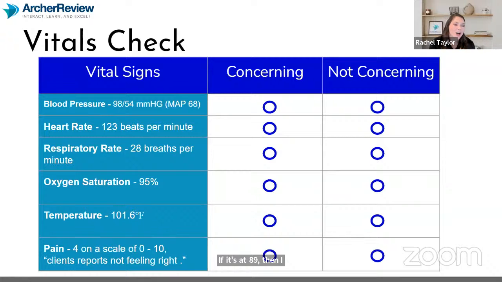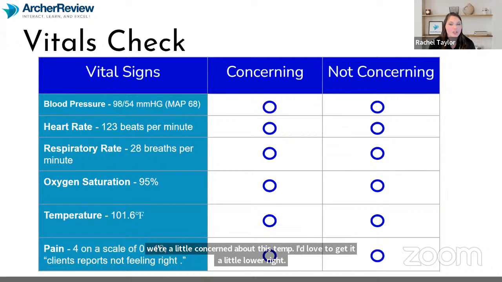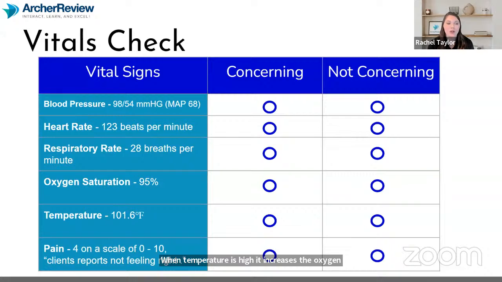Now our temperature is 101.6 Fahrenheit. Yeah, we're a little concerned about this temp. I'd love to get it a little lower, right? When temperature is high, it increases the oxygen demand that the body requires. So if we don't get it down, I wouldn't be surprised if that O2 sat starts to drop, right?